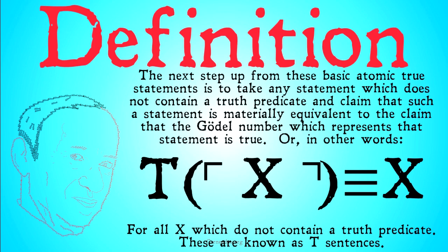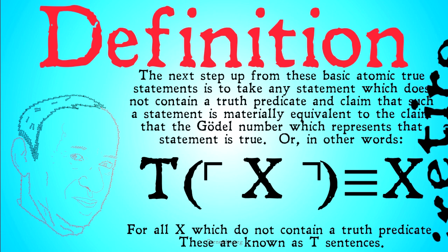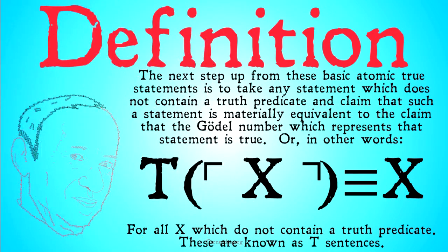The next step up from these basic atomic true statements is to take any statement which does not contain a truth predicate and claim that such a statement is materially equivalent to the claim that the Gödel number which represents that statement is true. Or in other words, this formula. And that only applies for all x which do not contain a truth predicate.